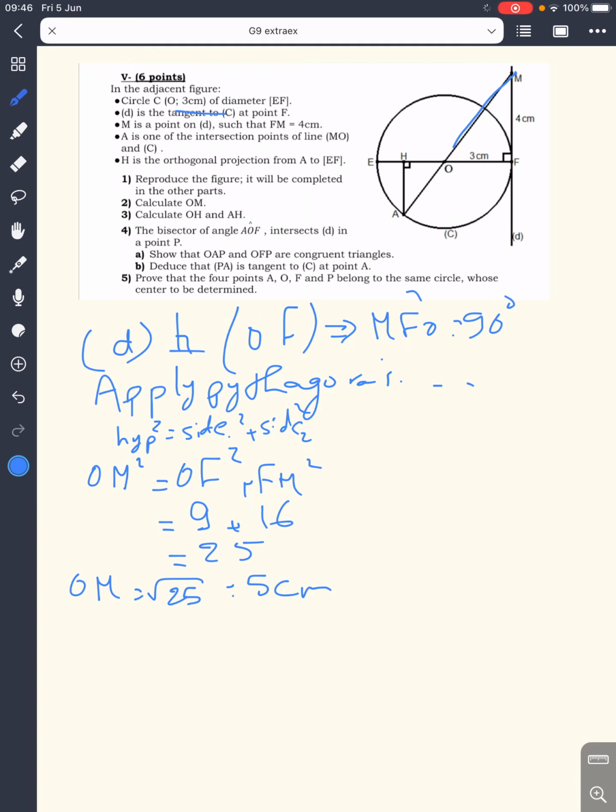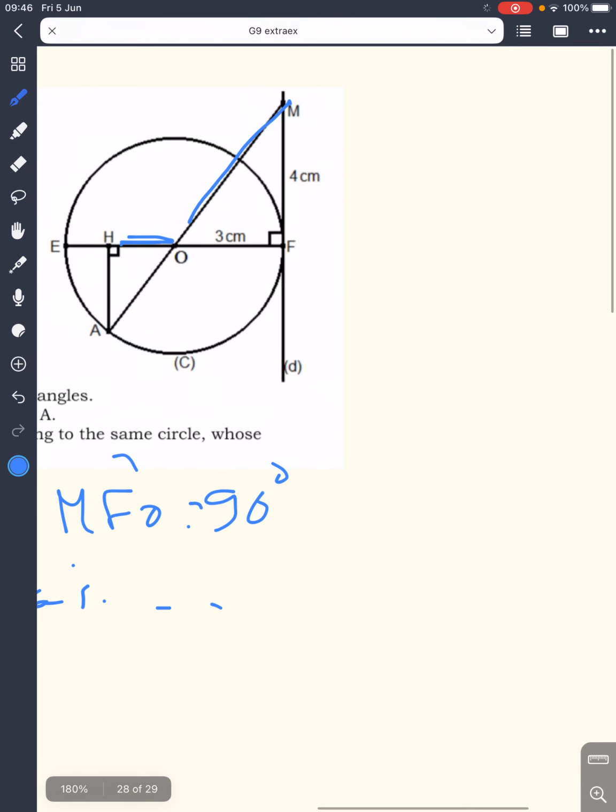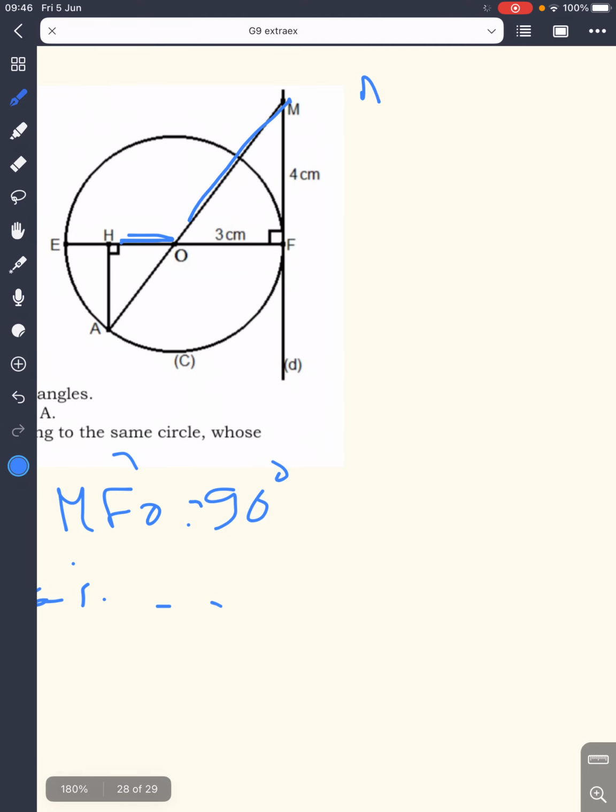Now part 3, calculate OH, this part. Can we apply the Pythagorean theorem here? We can't, since we don't know the measure of AH. Let's think about Thales. Can we use it here? According to the given, we have AH perpendicular to EF.